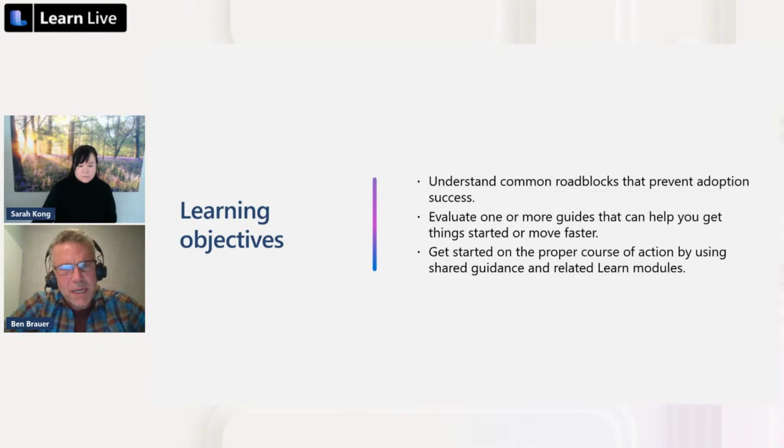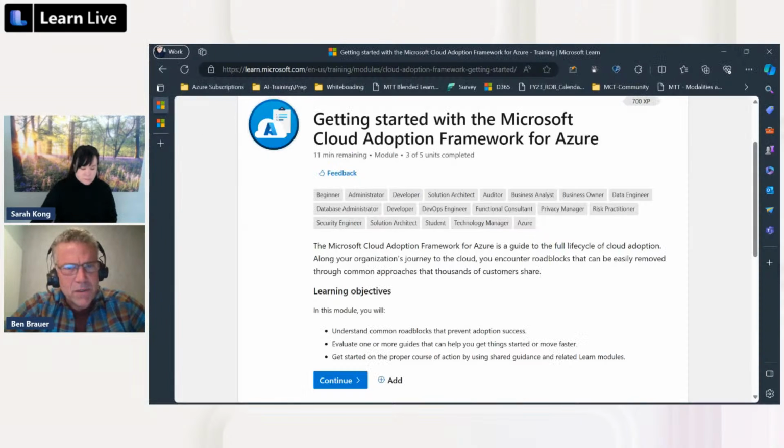We're also going to make sure that as you think about your next steps, once you've adopted the cloud to a degree, what do you need to do next? There's a lot of deeper content that you can learn. And I think, Sarah, you have a couple of screens there that can show that.